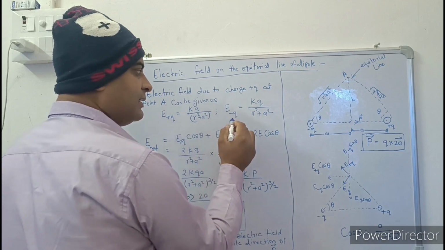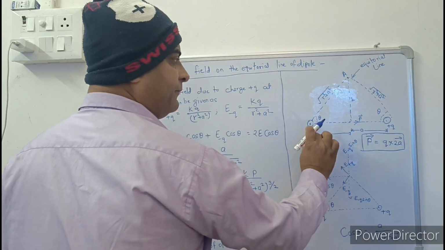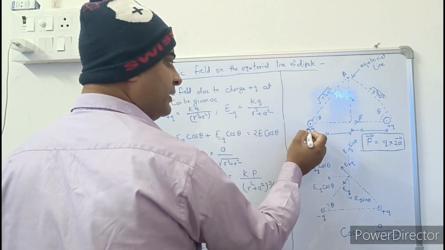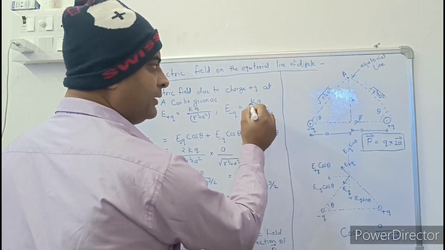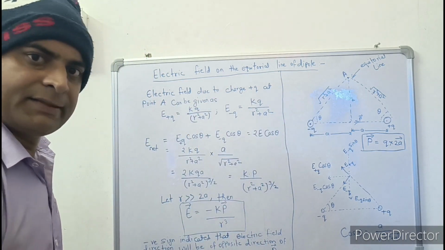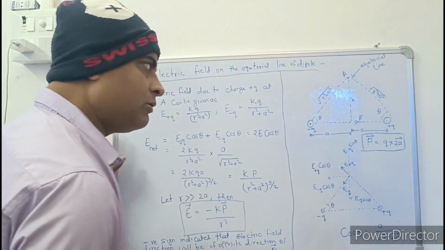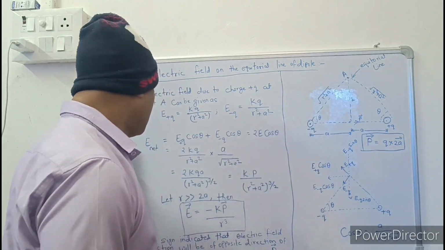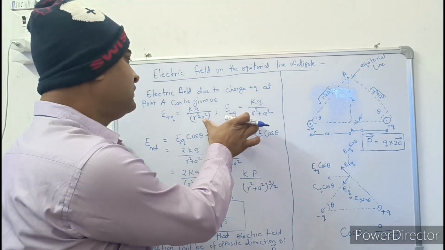Likewise, the electric field at point A due to the negative charge is kq upon r square plus a square. This is clear. Now we have to find the net electric field at A, so we will add both of these.